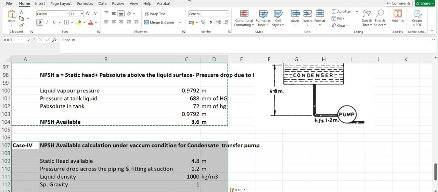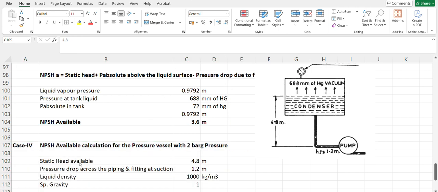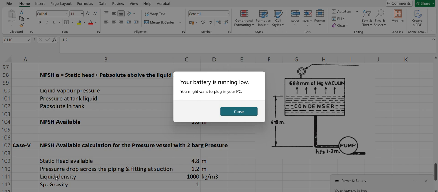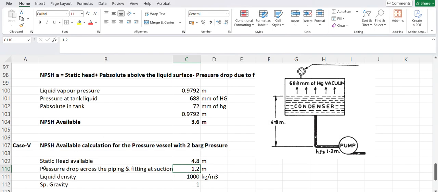And we consider this case five for the NPSH available calculation for the vessel which has two bar gauge of pressure applied on the liquid surface instead of this vacuum. So static head and other parameters will be kept the same as they are, and we calculate the NPSH available for this.